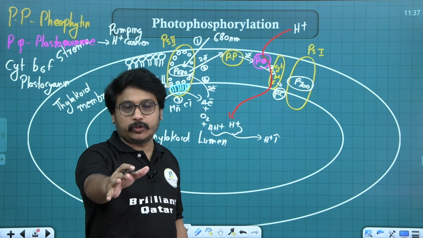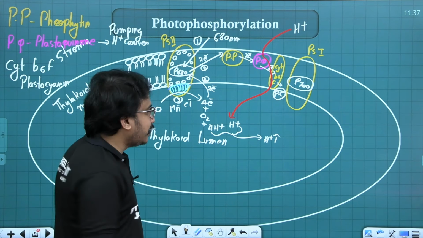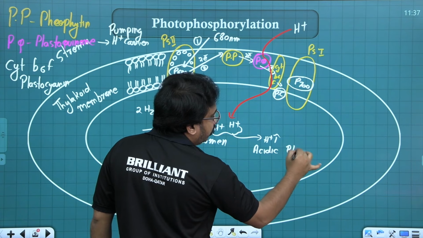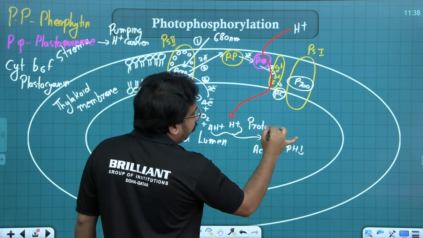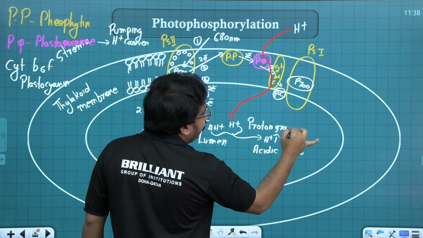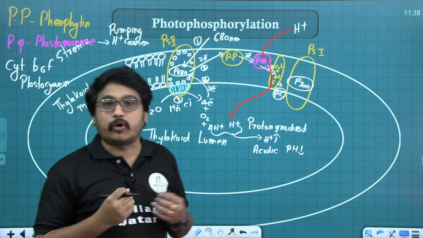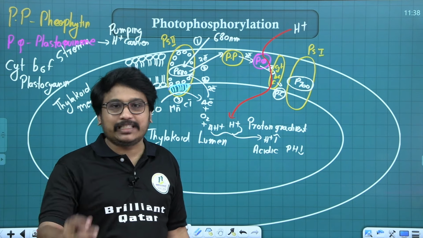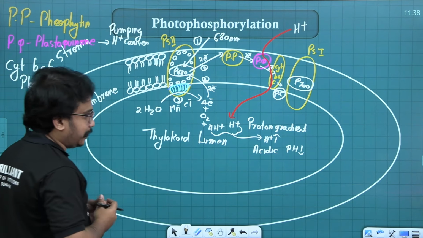Question, what happens to pH? pH is decreasing because H+ is increasing, meaning it is becoming more and more acidic, or the pH is decreasing. So here there is a proton gradient that is building up. This proton gradient has to be broken. By breaking the gradient only, ATP is generated. So how is the ATP generated?